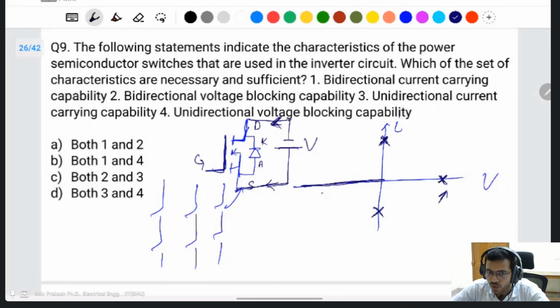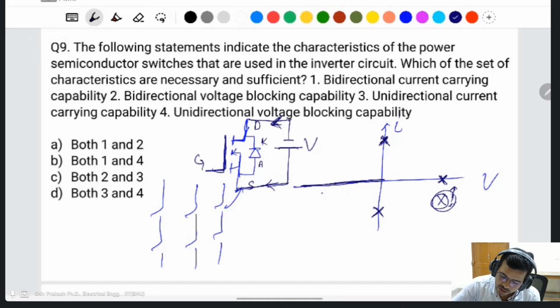Here it is blocked in only one direction. MOSFET or IGBT switches have blocking capability in one direction. If a diode is used and you apply a negative voltage, the diode directly flows the current. It will not block any voltage. That's why it has blocking capability in one direction and current carrying capability in both directions.